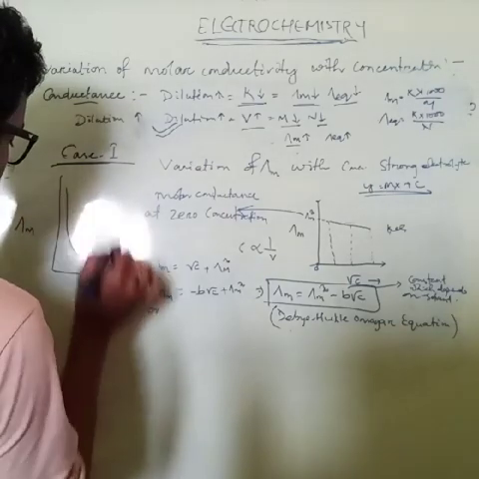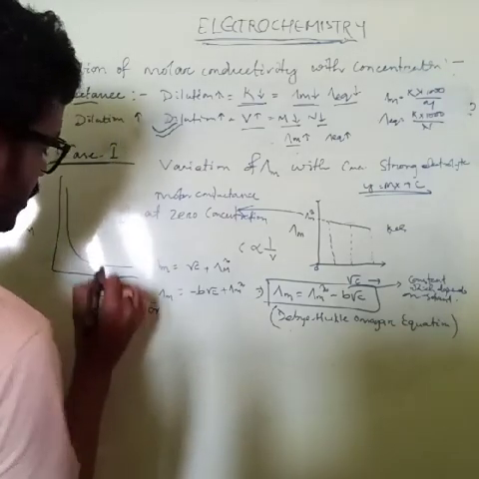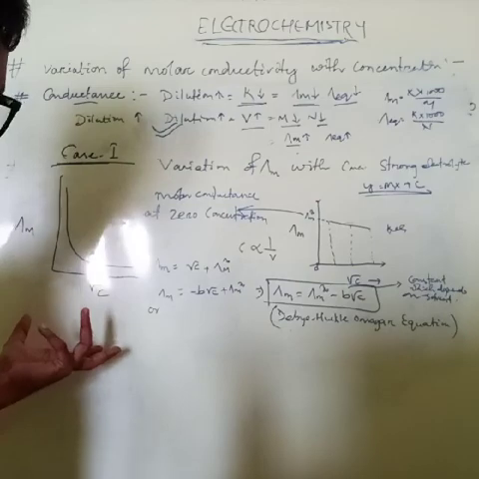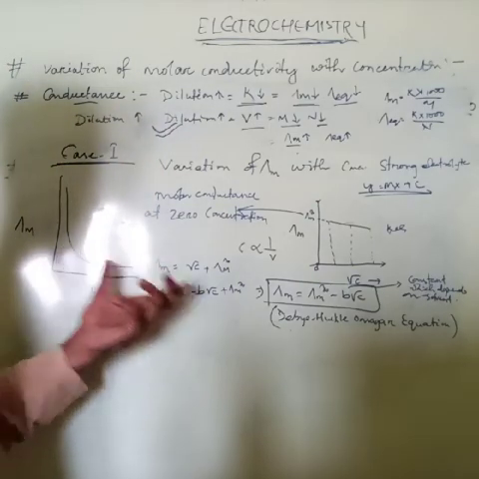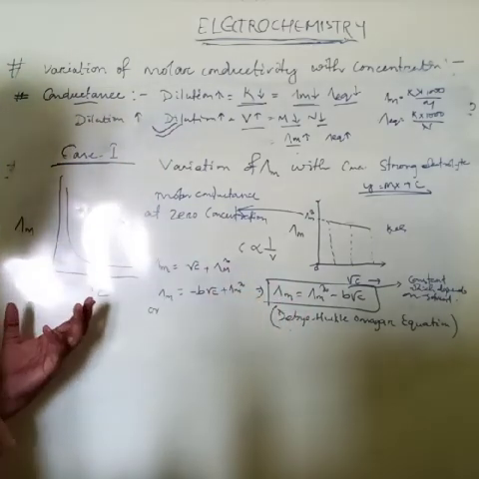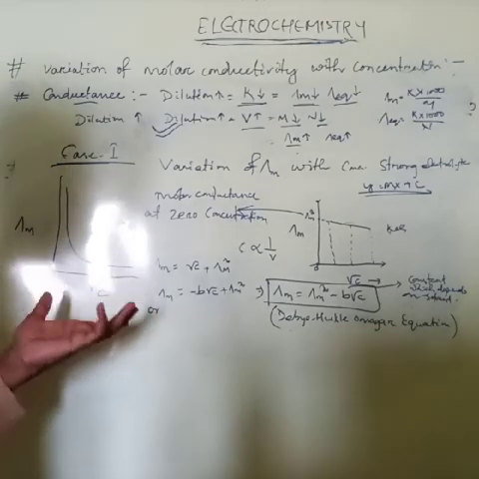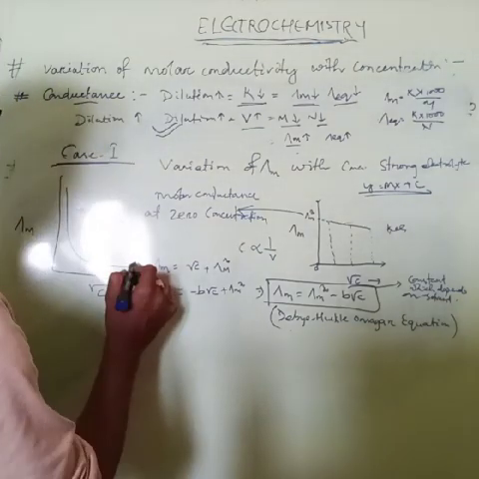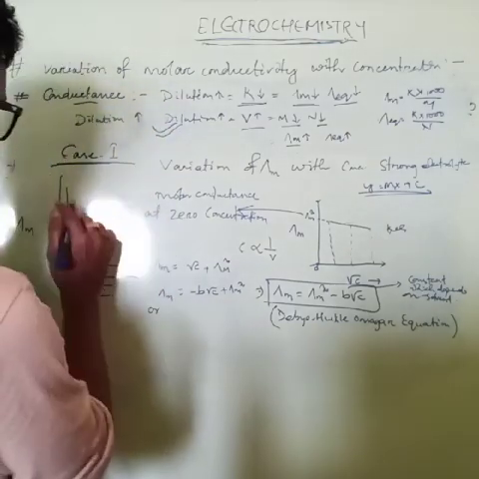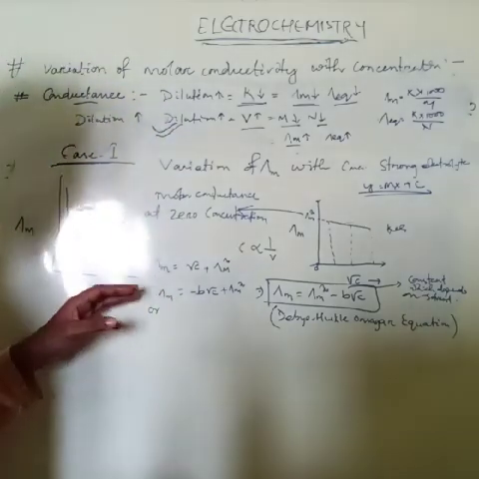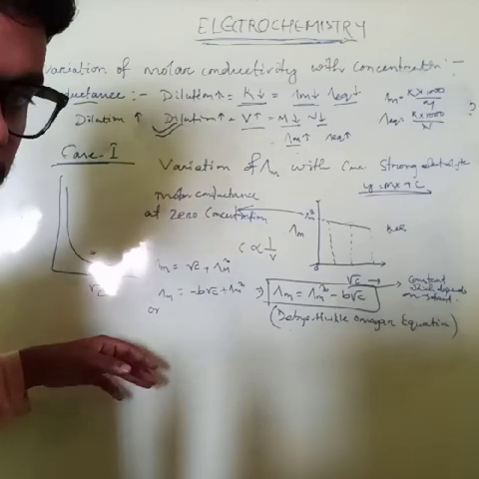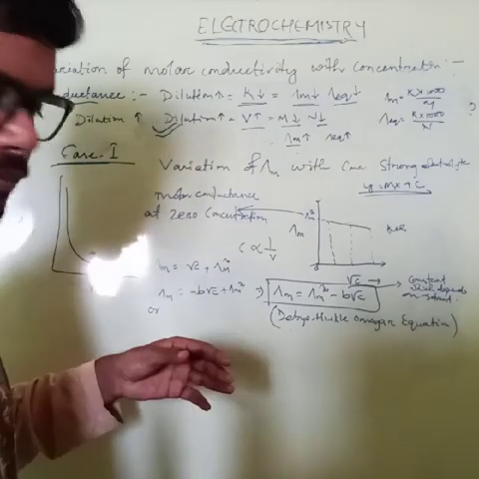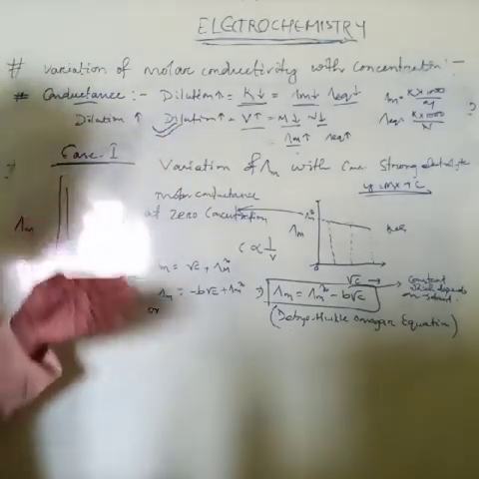This is lambda m and this is root C. So it comes out as a curve, so there is no use of this Onsager equation because it needs a straight line. The curve is like this. Okay, is it visible?